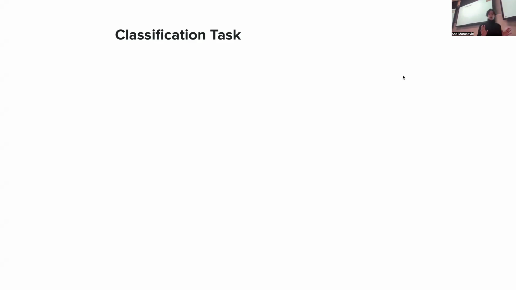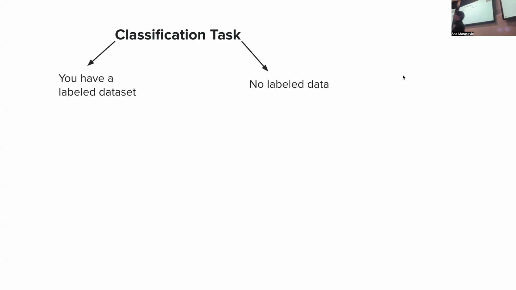So let's say you have a classification task and you decided, okay, I'm going to use some LLM-based approach, right? Like I'm not talking about any other approaches that might exist out there except LLMs. The first thing you should ask yourself is whether I have labeled data or not. That's the first thing you need to ask yourself. And if you don't have labeled data, you also need to ask yourself how hard would it be to label.